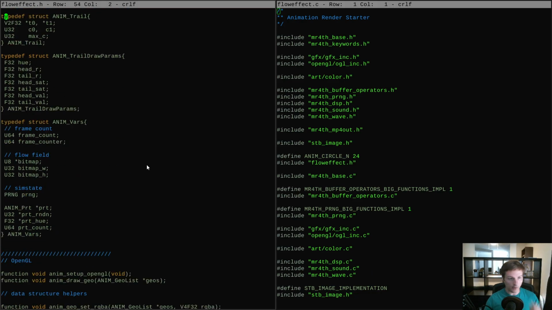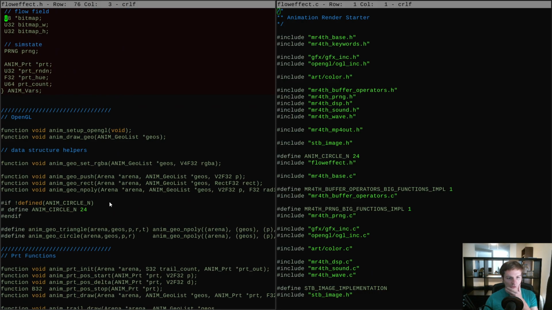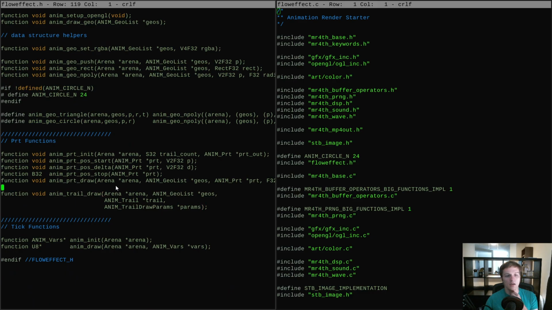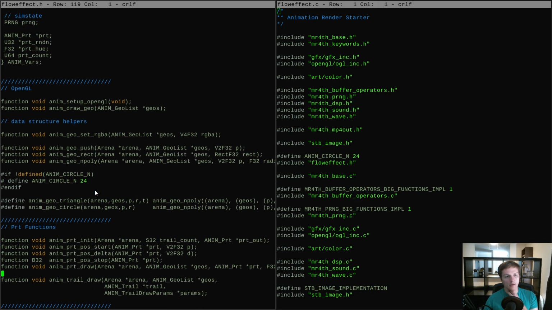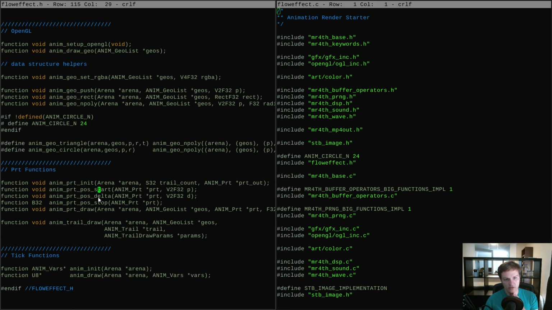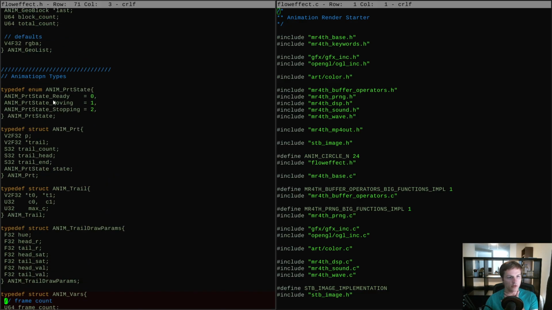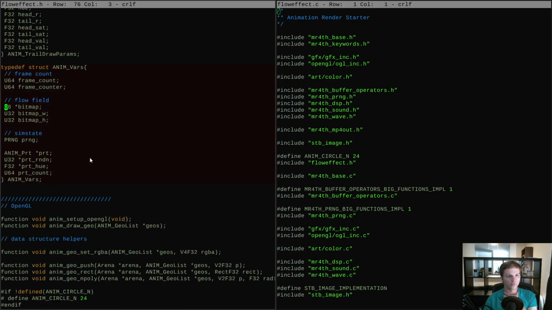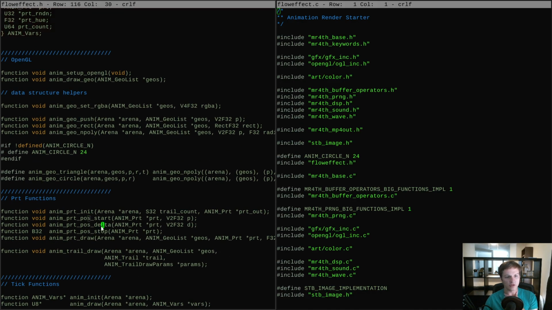So right now, the reason I say there needs to be improvement on the architecture of the particle update is there's a sort of like state machine inside of each particle. Each particle is ready, moving, or stopping. And then I use these functions here to update the position and state of the particles over time.